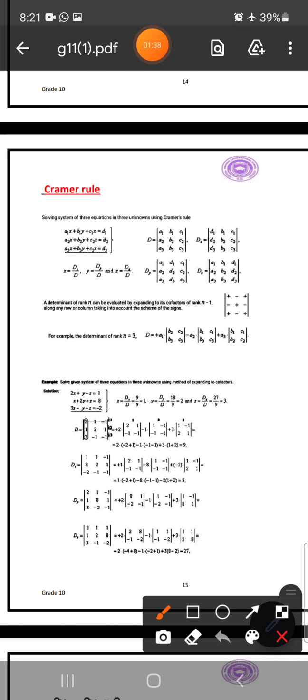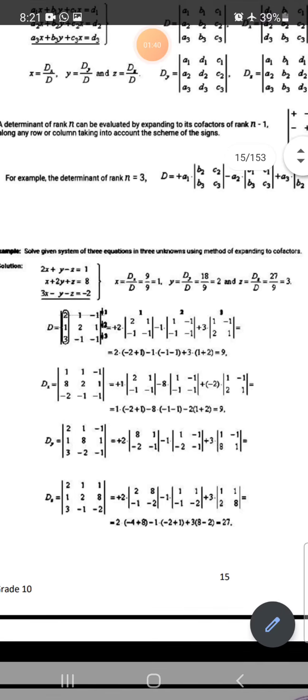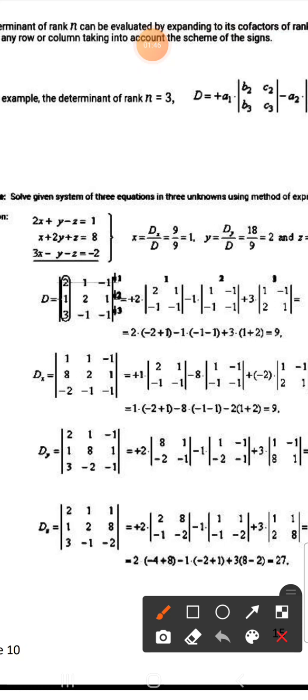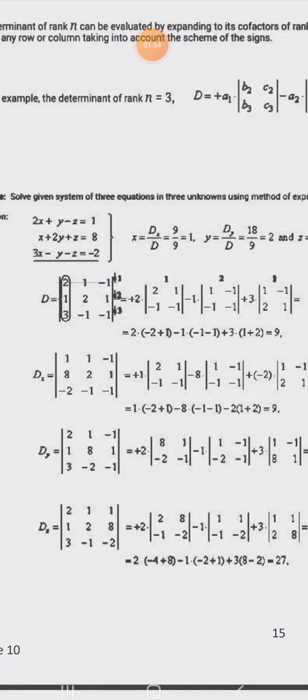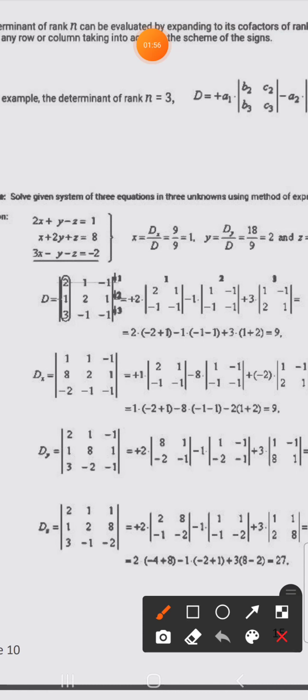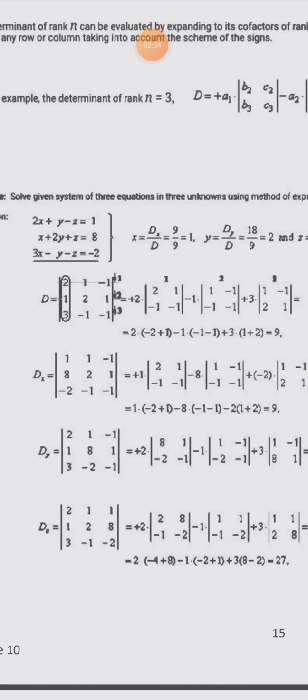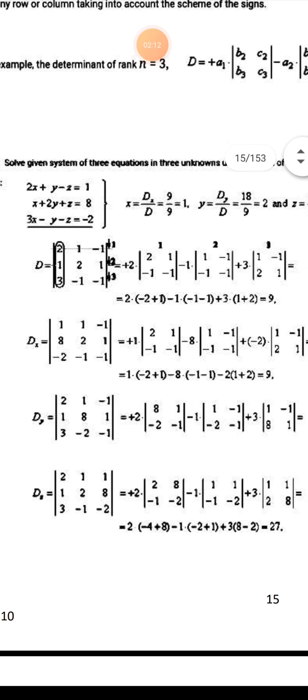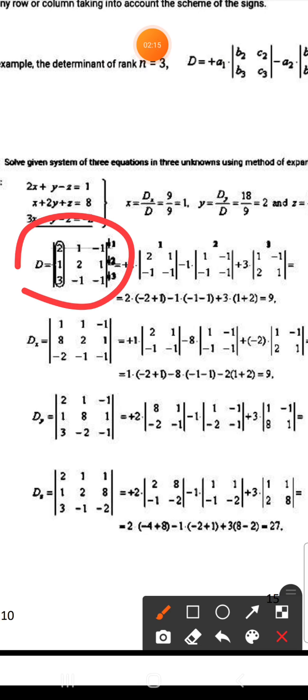If I want to get the determinant of the matrix, you take the coefficients of x, which are 2, 1, and 3, and write them here. Then the coefficients of y, 1, 2, negative 1, you put here. Then the coefficients of z, negative 1, positive 1, negative 1, you put here. So here you get the determinant of the original matrix.